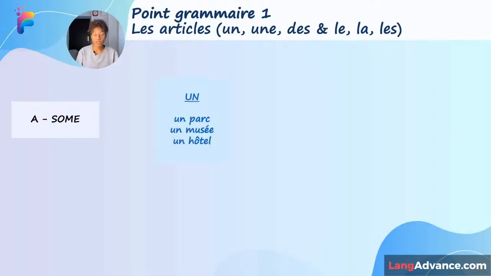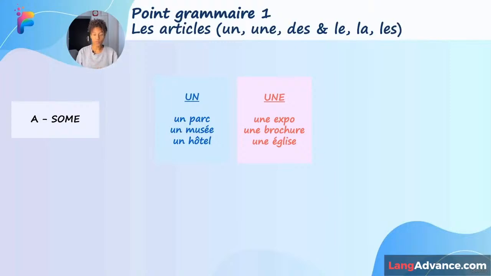With a masculine noun you will use un, un. For example, un parc, un musée, un hôtel. With a feminine noun, you would use une.